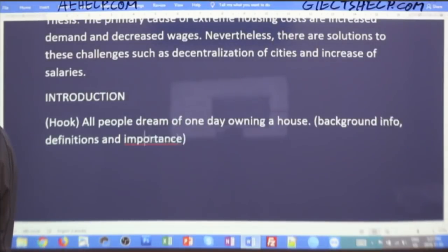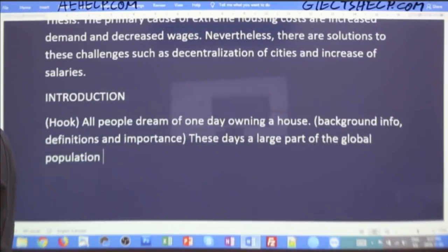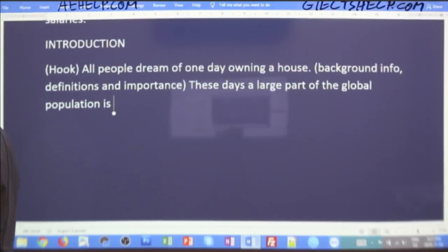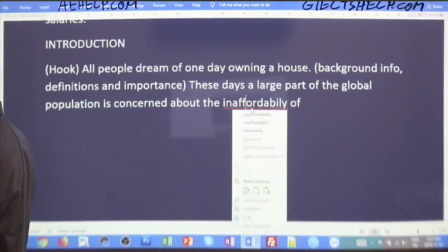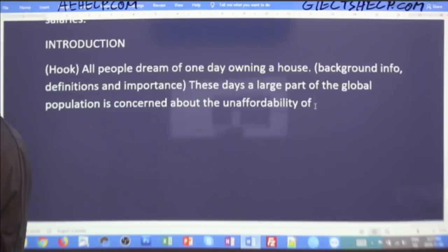So these days, a large part of the global population is concerned about the unaffordability of housing. Okay, inaffordability, I believe, unaffordability of housing.